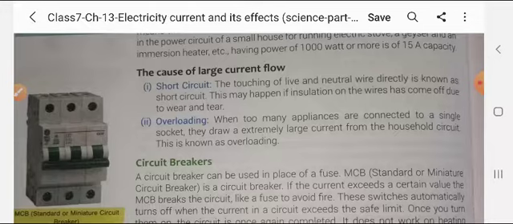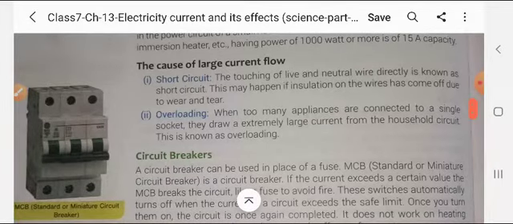One is the short circuit, students, and another is overloading. I am going to explain the short circuit first. The direct touching of the live and neutral wire is known as a short circuit. If the wires come in contact with each other directly, it causes a short circuit.